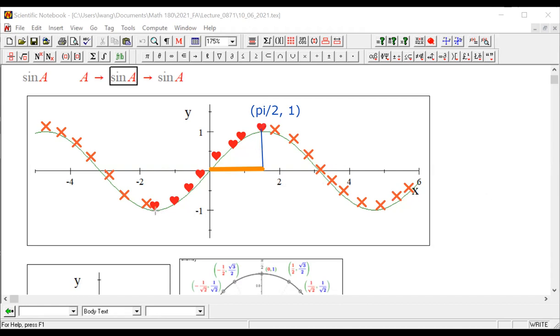Can you tell me what is the lowest point? Everybody, please mark it. What is the lowest point? There's an input, there's an output.